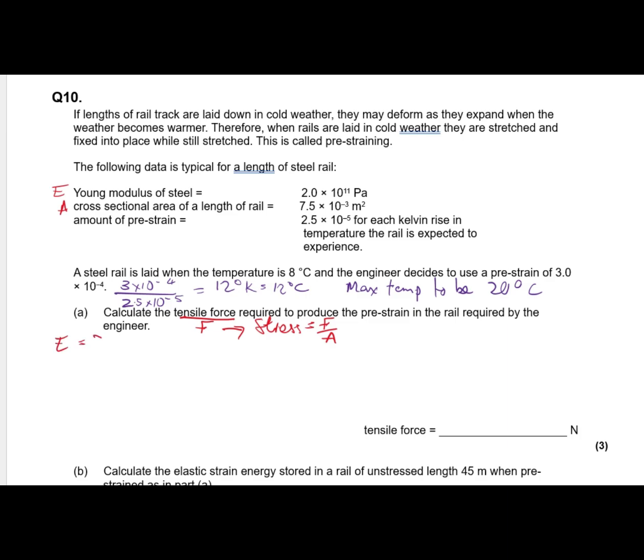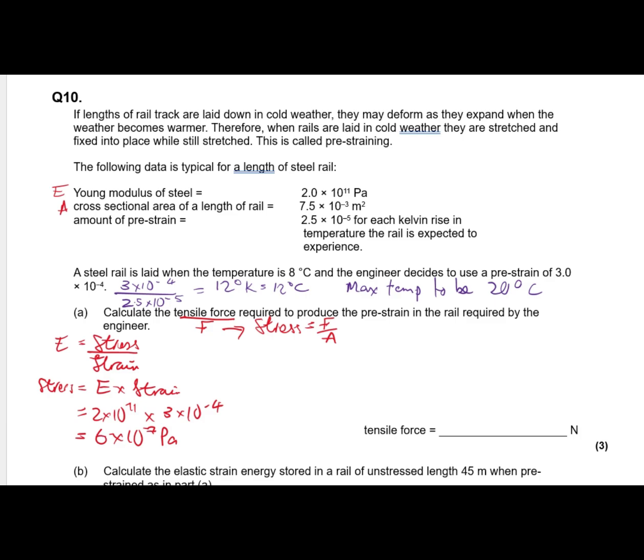Young modulus is stress over strain, therefore stress is equal to the Young modulus times strain. So that is 2 times 10 to the 11 times a total strain of 3 times 10 to the minus 4. If you put that into your calculator, that'll give you 6 times 10 to the 7 pascals. So that's your stress.